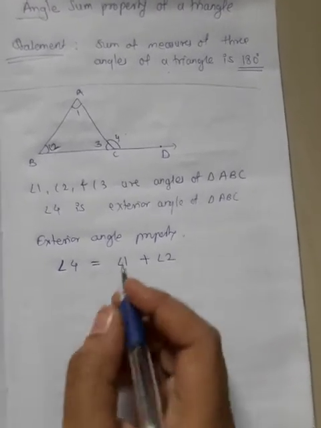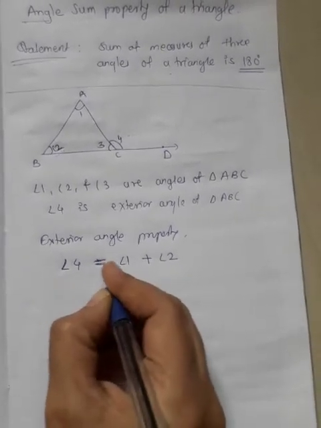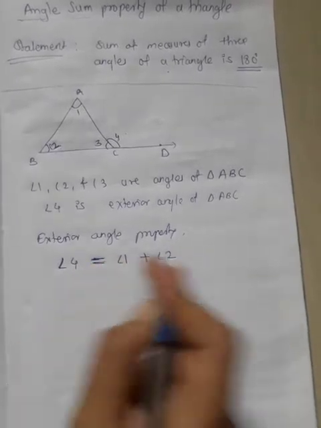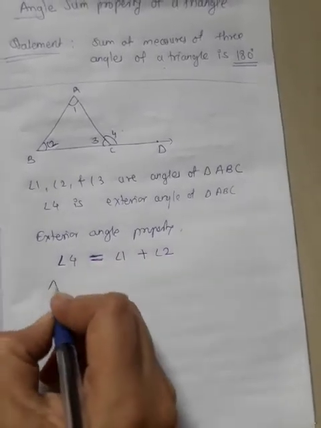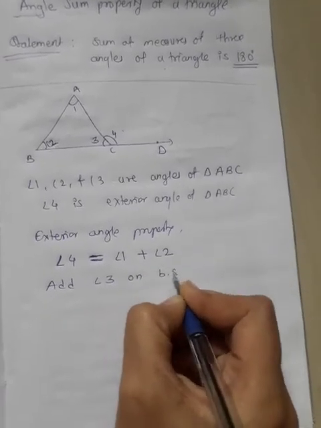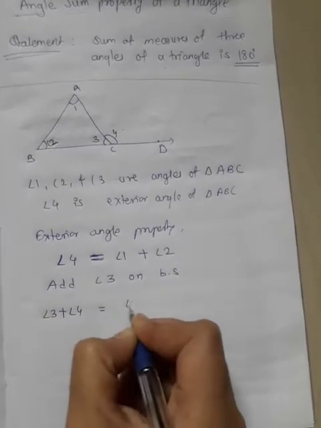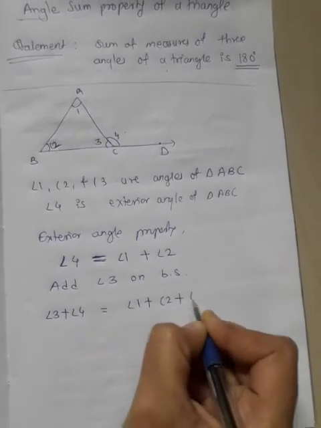In an equation we can add the same quantity on both sides, so add angle 3 on both sides. We get angle 3 plus angle 4 is equal to angle 1 plus angle 2 plus angle 3.